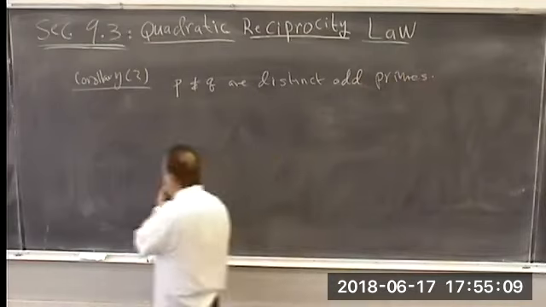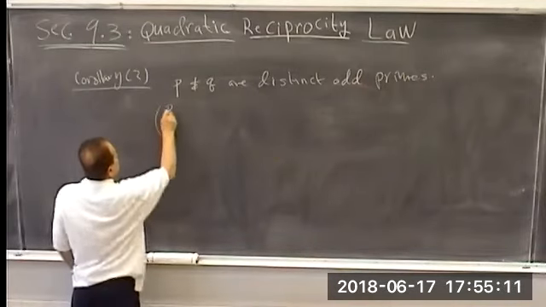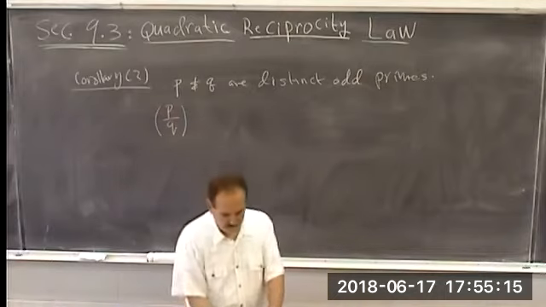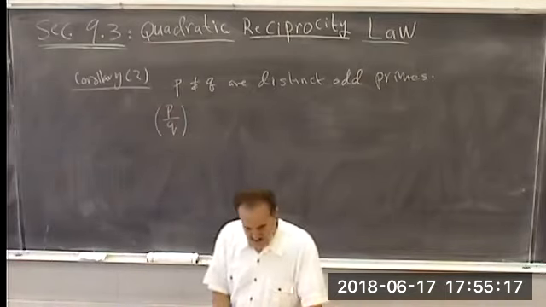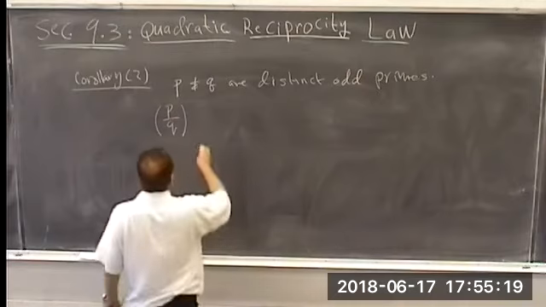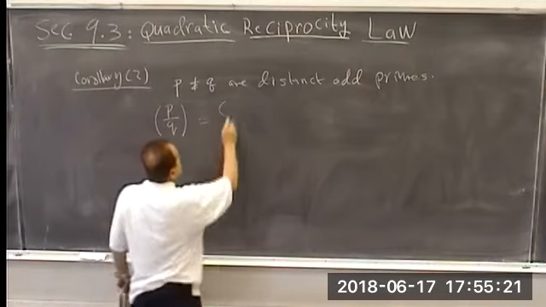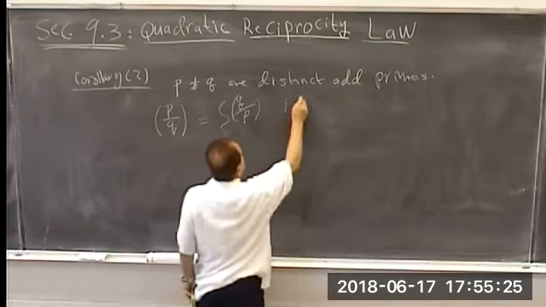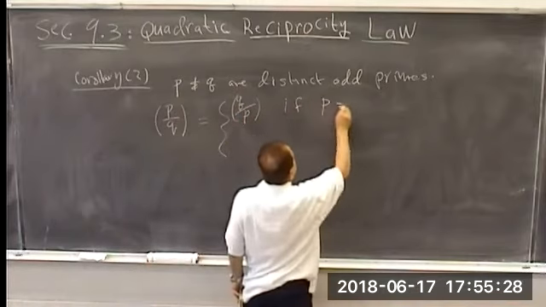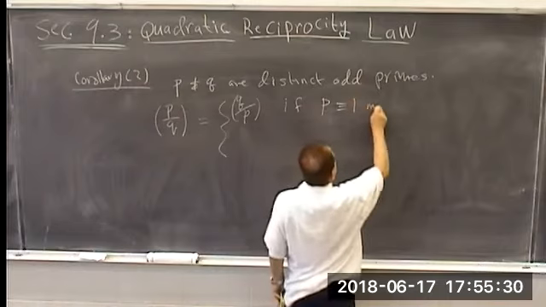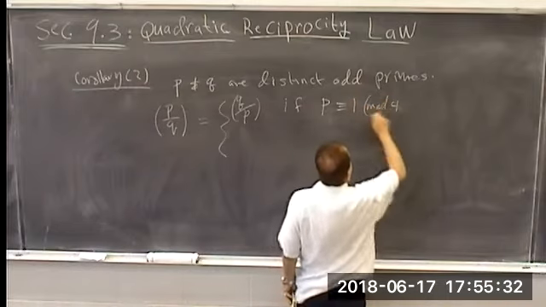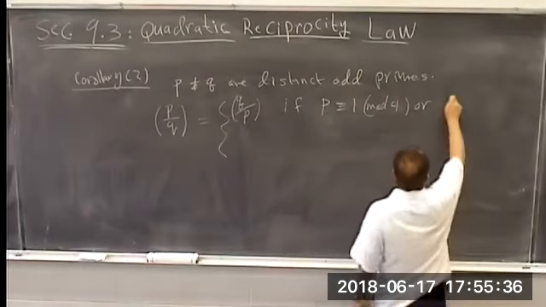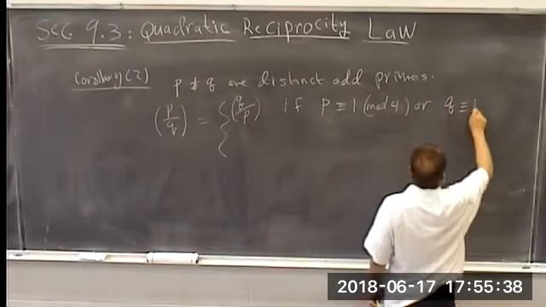Then we have (P over Q) is equal to (Q over P) if P is congruent to 1 mod 4 or Q is congruent to 1 mod 4.